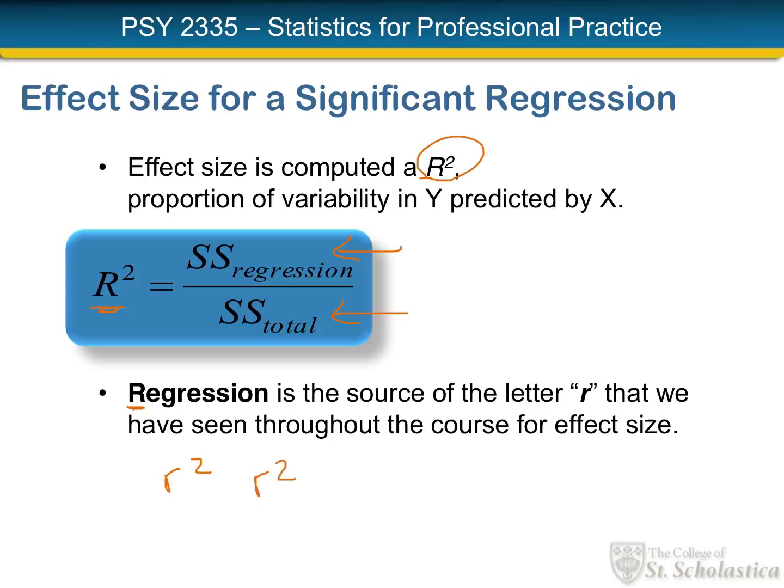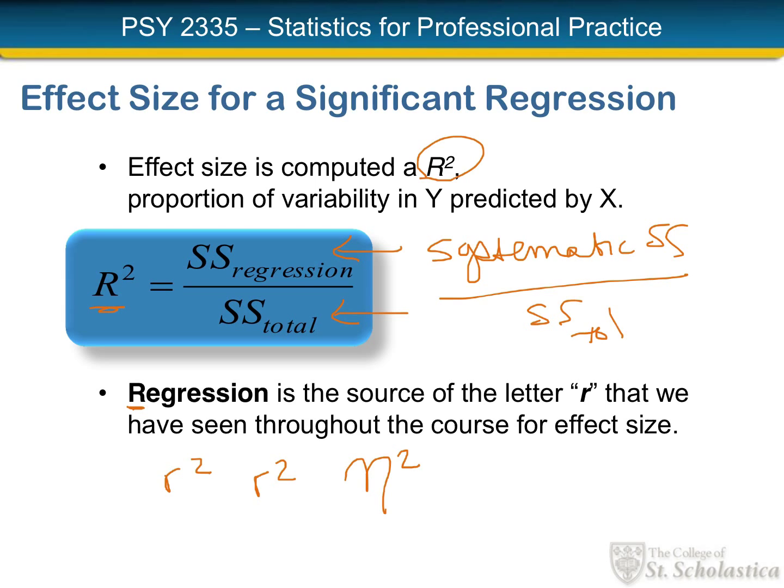So we've seen that r squared several times. In analysis of variance, we had eta squared, but it was the same form of computation, a systematic sum of squares on the top and a total sum of squares on the bottom of a fraction.